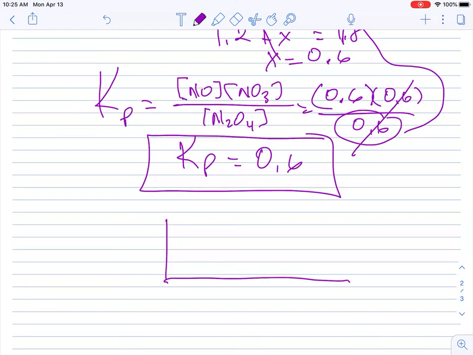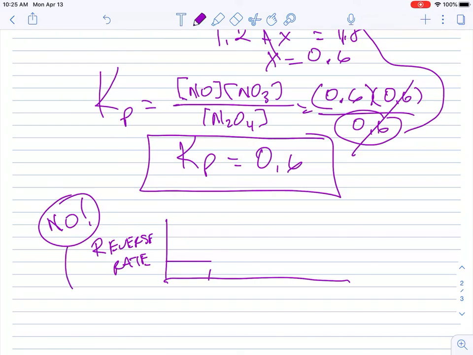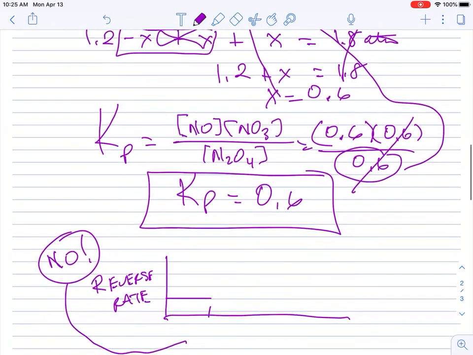Then we could say, let's say that this is the rate of the reverse, or we could talk about the forward rate. And at equilibrium, that rate is going to remain constant, whatever that is. At this point, we're going to inject some NO, nitrogen monoxide, into the system.